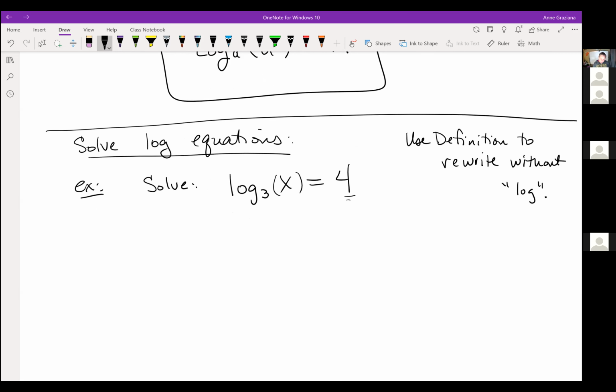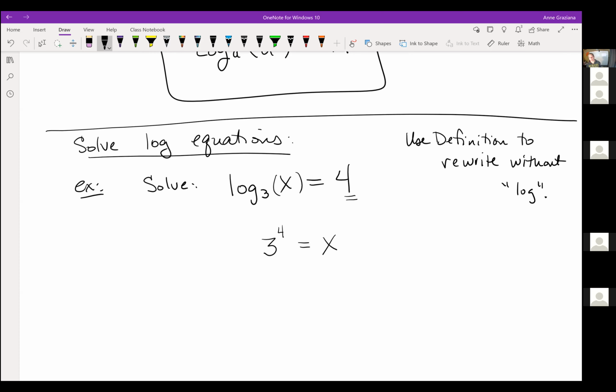So 4 is the what? Exponent? Yes, thank you, Joanne. The exponent that goes on what base? 3. Yes. Will equal what's inside the parentheses, the input.